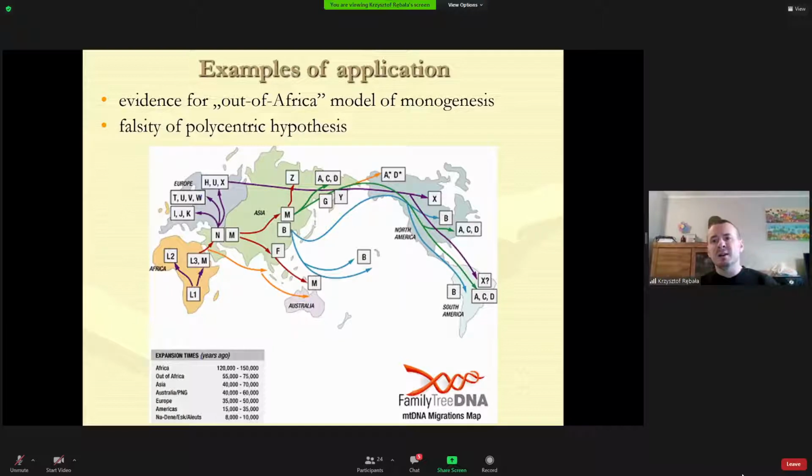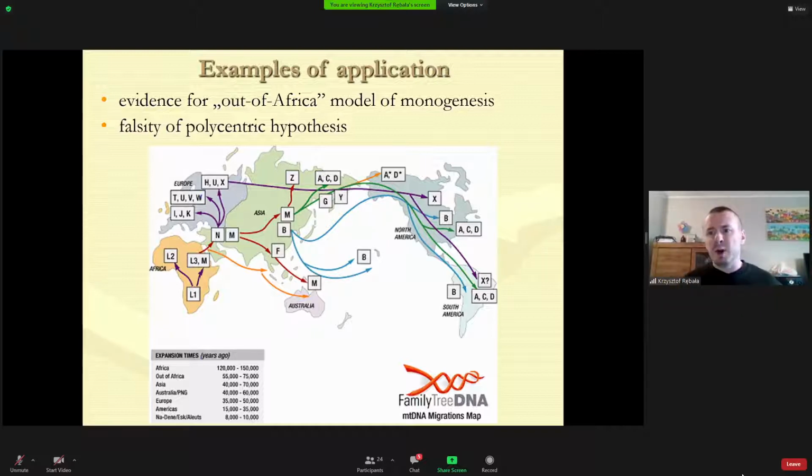Haplogroup studies were applied in the studies of the origin of modern humans, and mitochondrial DNA studies provided evidence for the out of Africa model of monogenesis of all modern humans, and the falsity of the polycentric hypothesis.